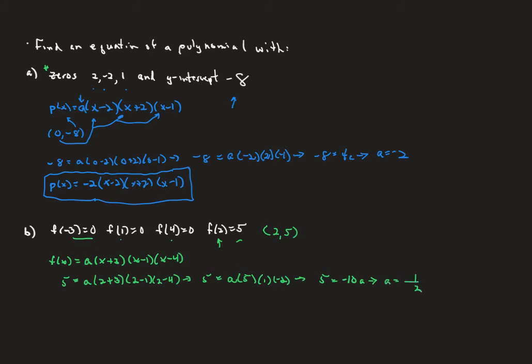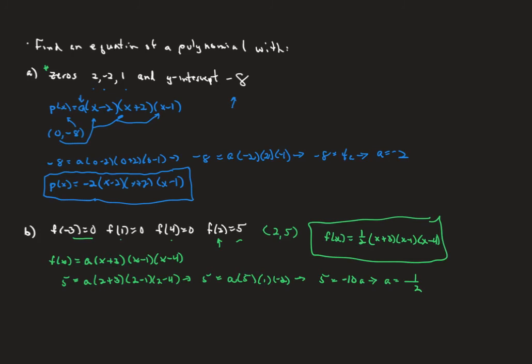And that makes our function f of x equals negative 1/2, and then we still have the factored form of our polynomial, x plus 3, x minus 1, and x minus 4. And again, we're not going to multiply that out. We'll just stop right there and call that good.